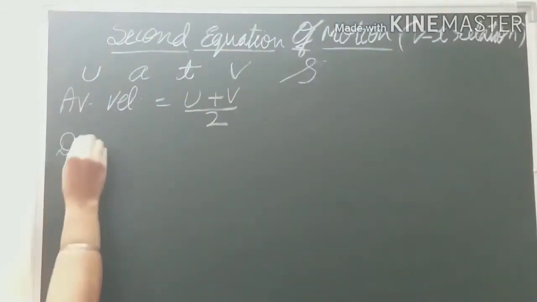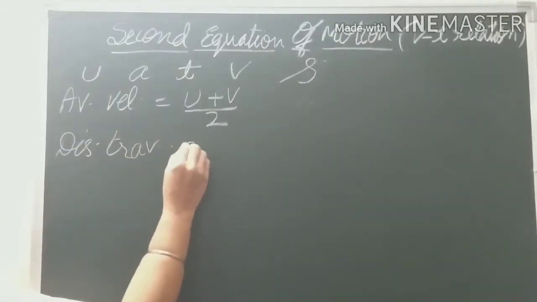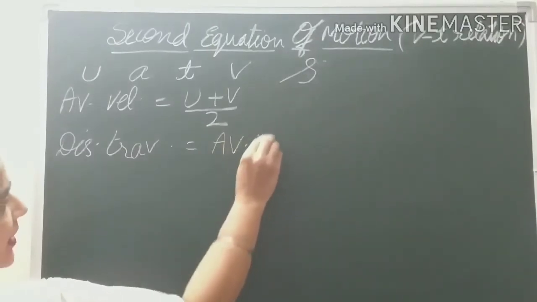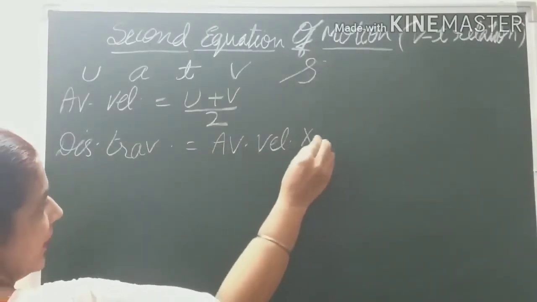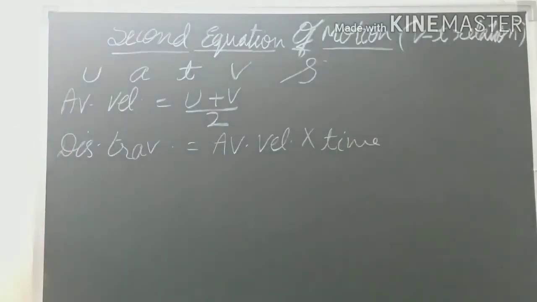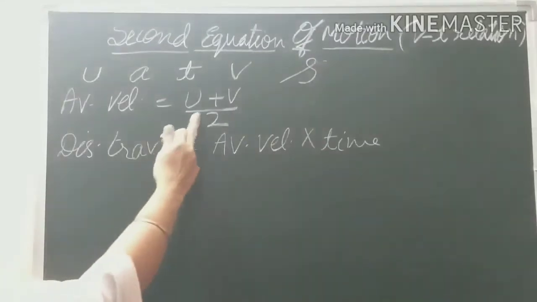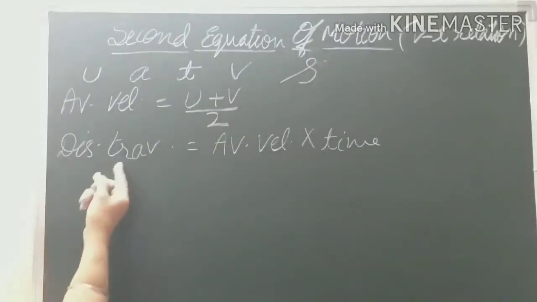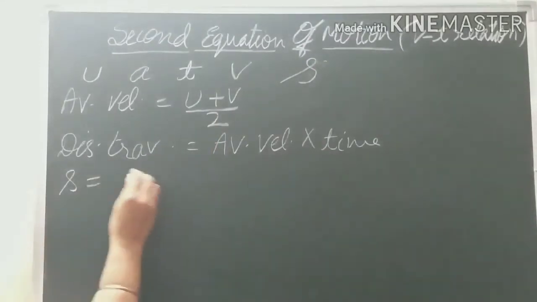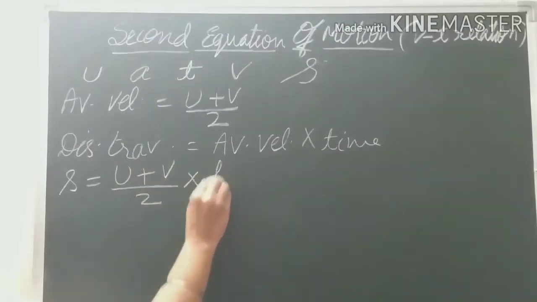And distance traveled, वो हम find out करते हैं average velocity multiplied by time taken. Now instead of average velocity we can write u plus v upon 2, so s is equal to u plus v upon 2 into t.